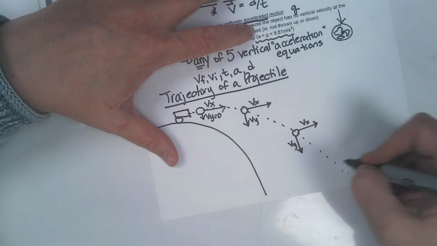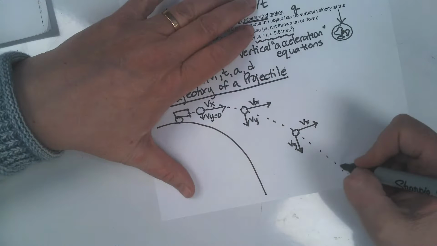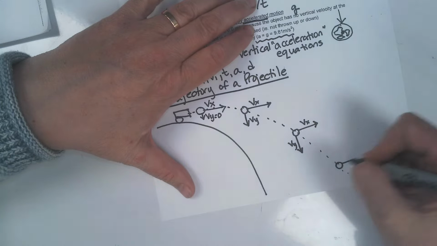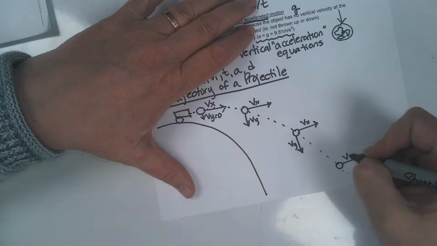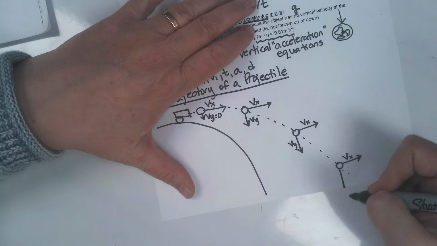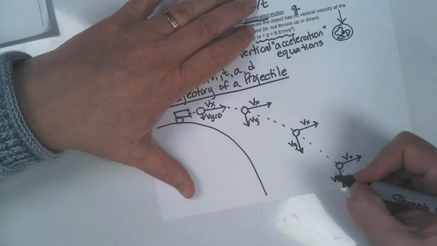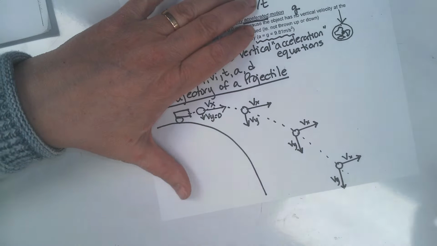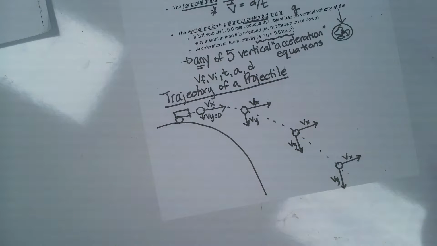And then as we get here, right before impact, we still have horizontal movement, but now we have great Y movement. It's the largest right before impact.